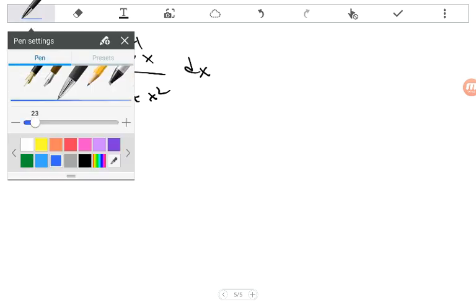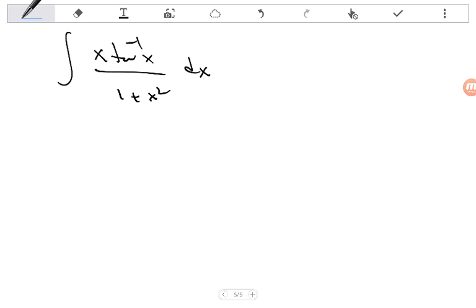We may have an integral like this, with some inverse trigonometric function inside the integral. We learned before how to make integrals like this. How would we solve this integral?